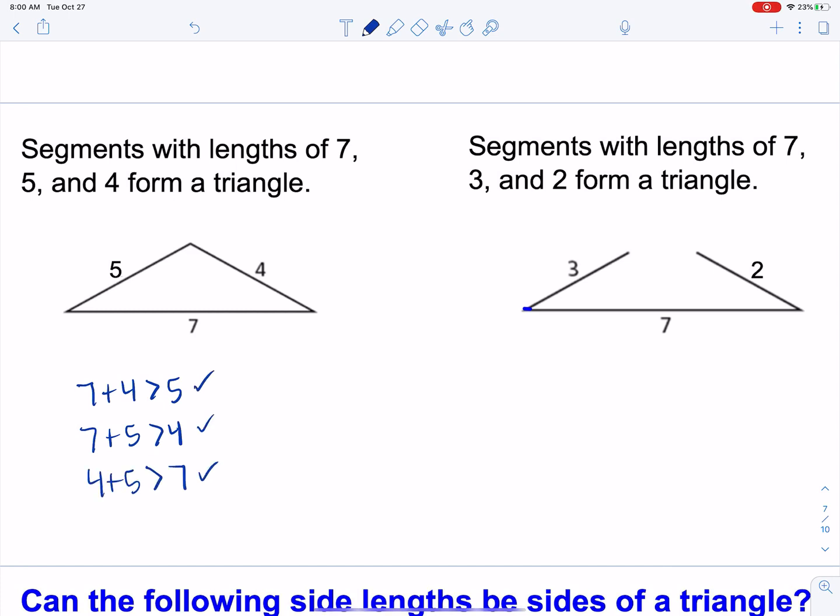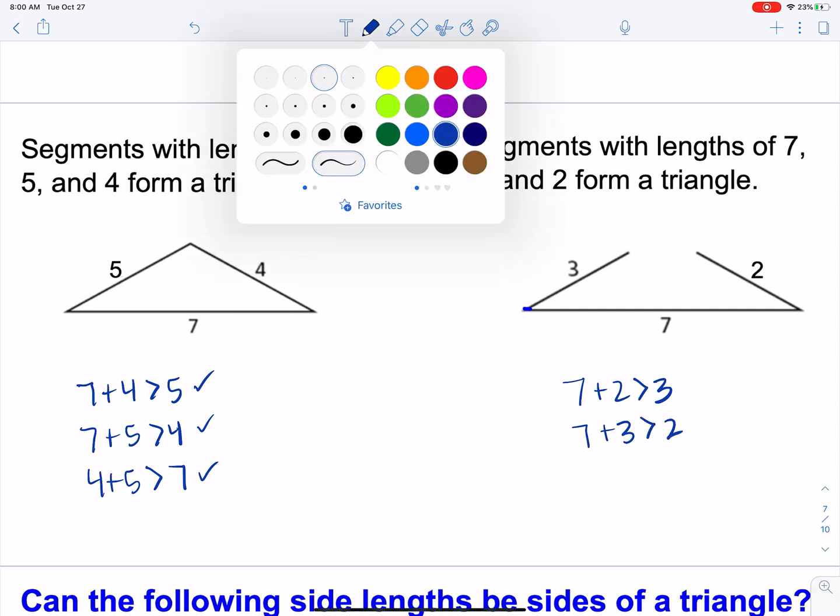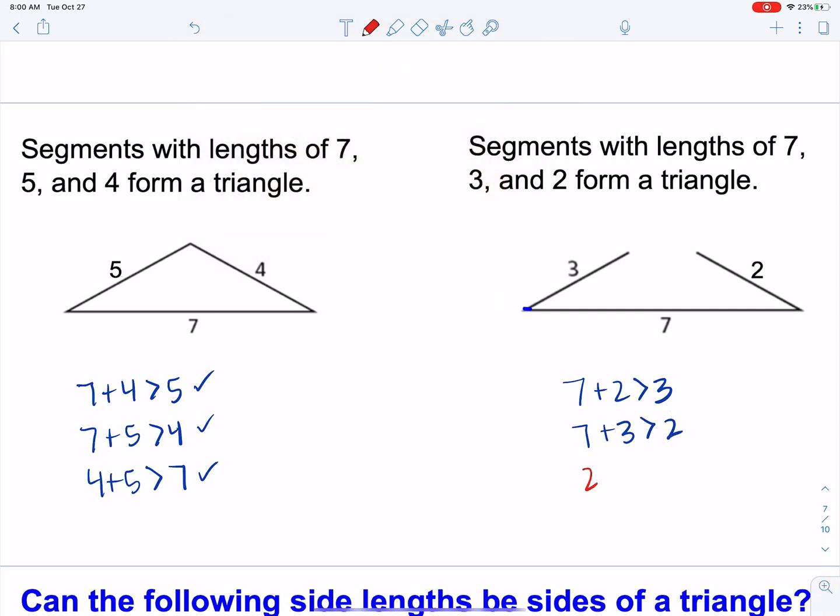All three of those can be verified. Now on the right, we have segments with lengths of 7, 3, and 2. And 7 plus 2 is greater than 3. 7 plus 3 is greater than 2. But 2 plus 3 is less than 7. So this could not form a triangle.